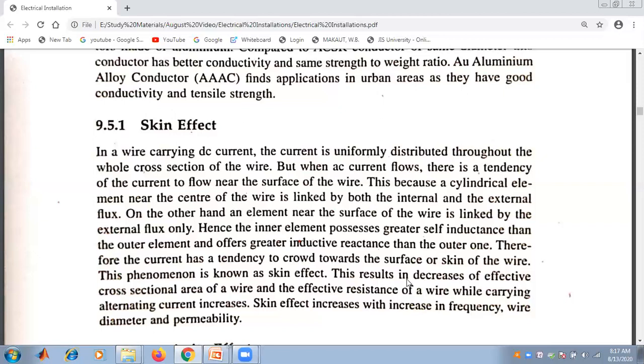This results in a decrease of the effective cross-sectional area of a wire, and the effective resistance of a wire carrying alternating current increases. Skin effect increases with increasing frequency, wire diameter and permeability.